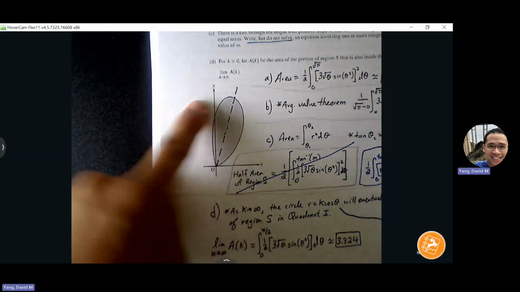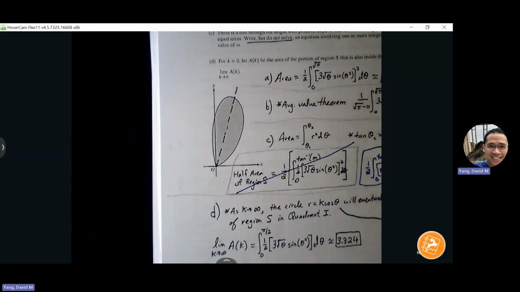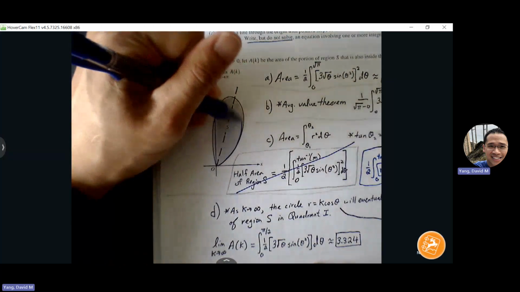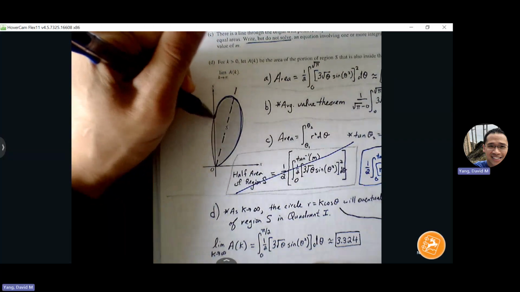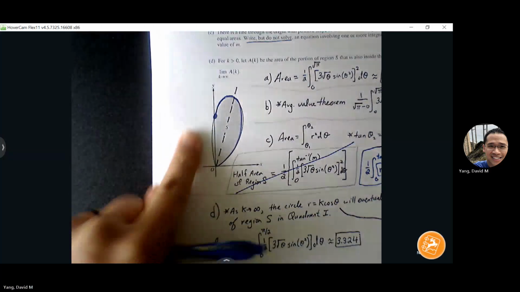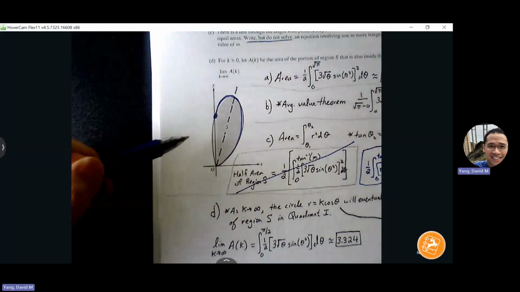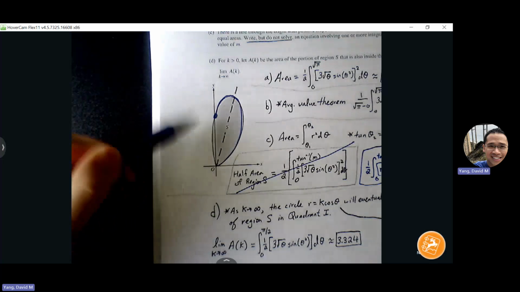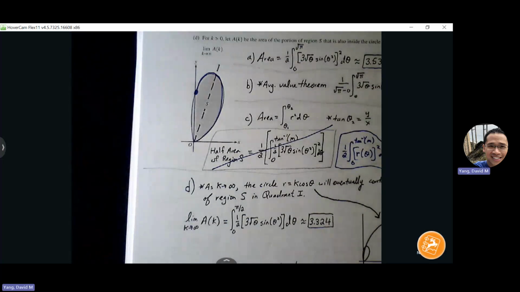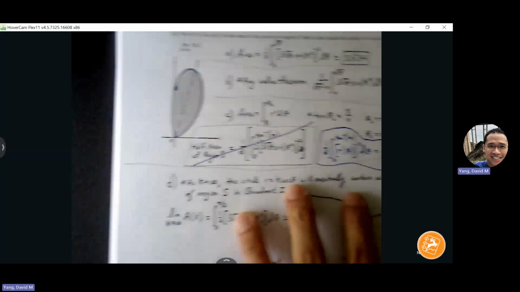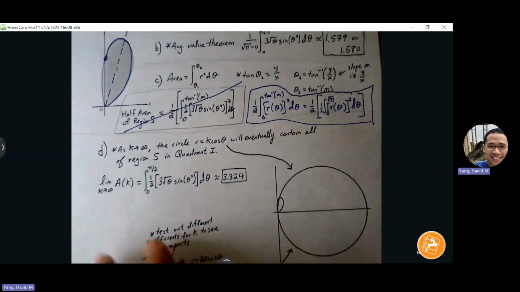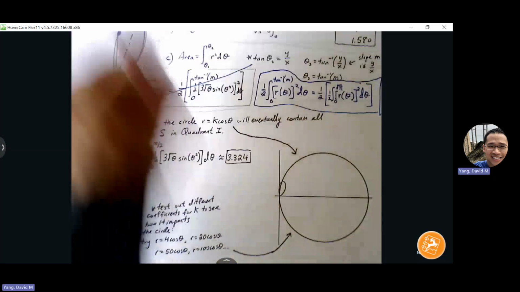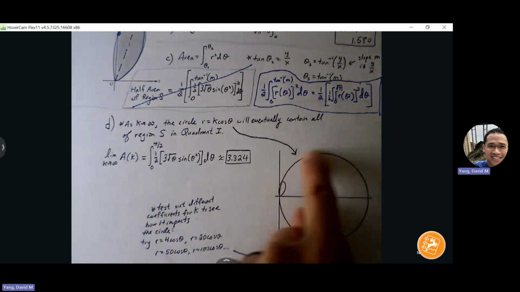So pi over 2 is from here to here, it stops there. We are able to find the area of region S without that sliver in the second quadrant, because the circle will never touch that region. It'll never go into the second quadrant.